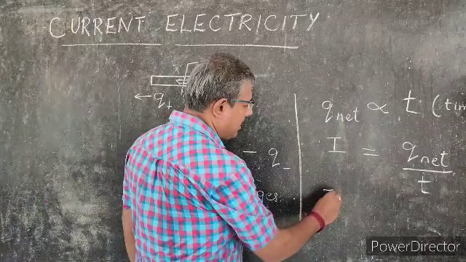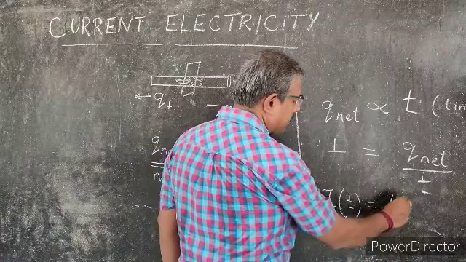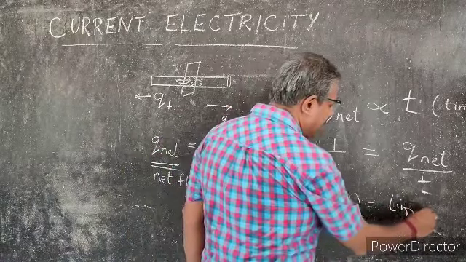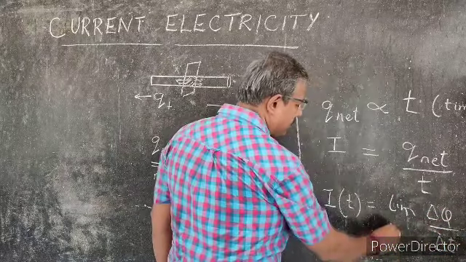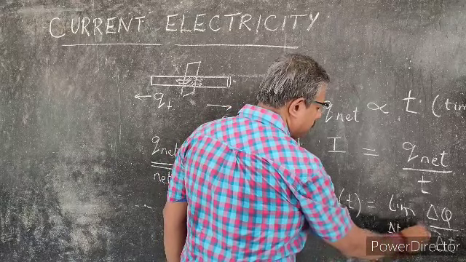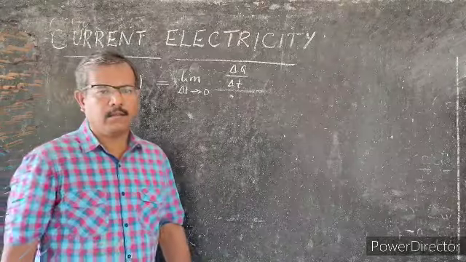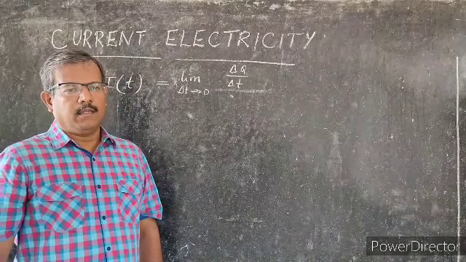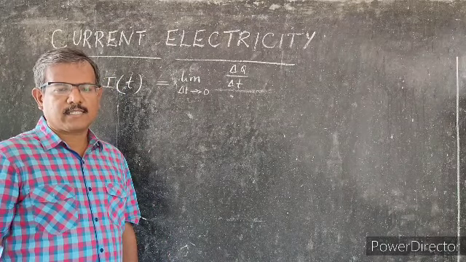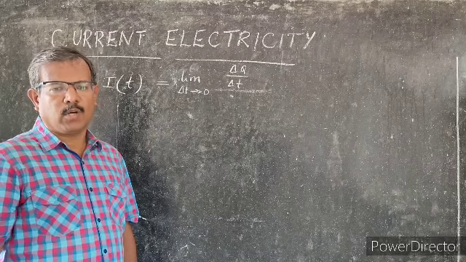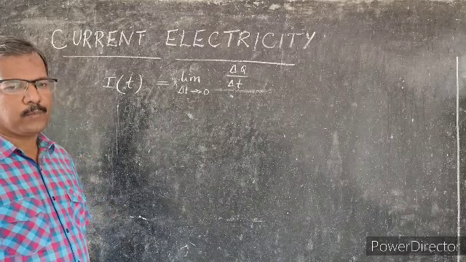So I, as a function of time, is basically defined as the ratio delta Q by small amount of time delta T, when delta T tends to 0. So we define electricity as the ratio of charges flowing through a conductor over a period of time as time tends to 0.